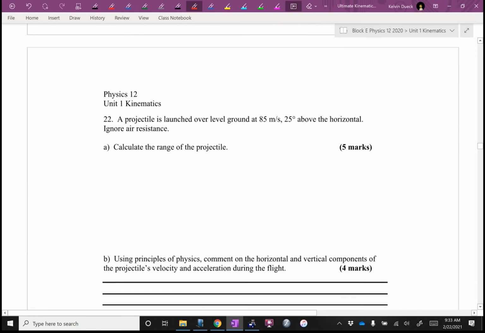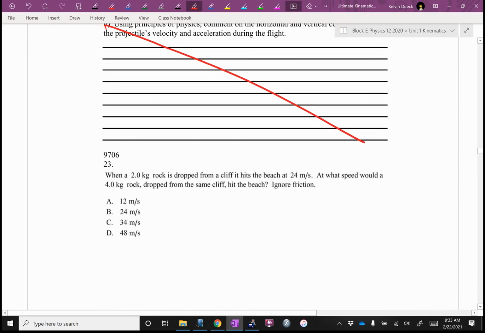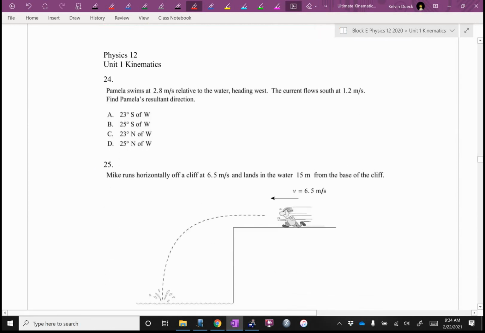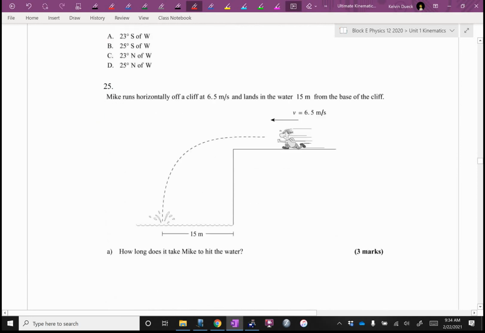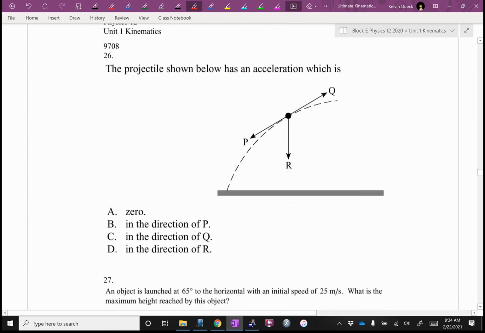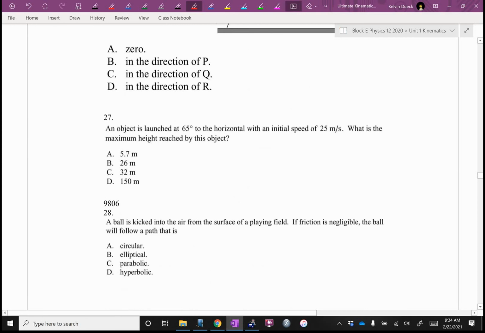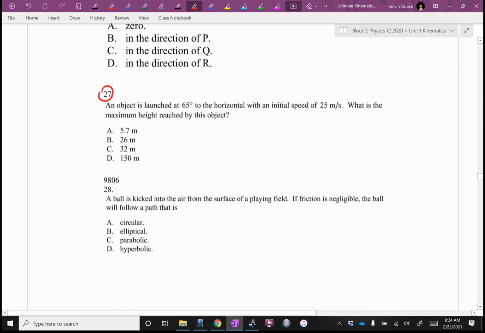21 is good. 22 is good, but you can cross out B. So 22A. You can cross out 23. 24 is good. 25 is good. 26 is good. 27 is good.